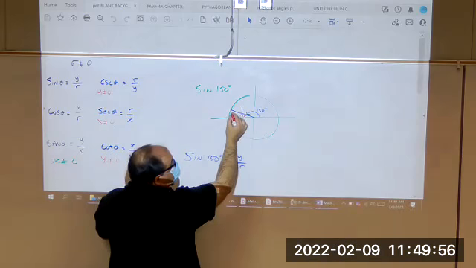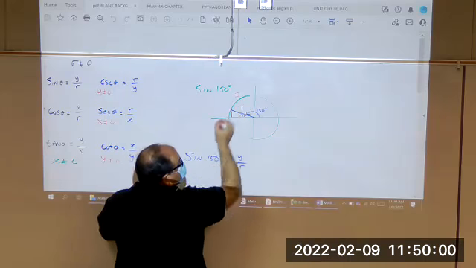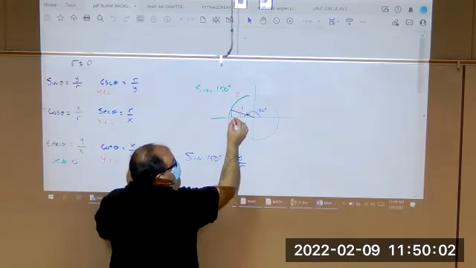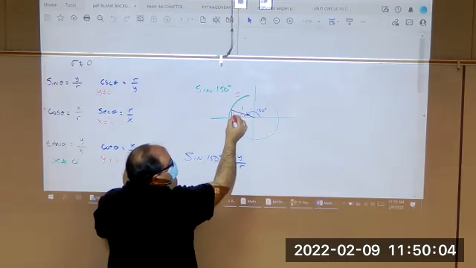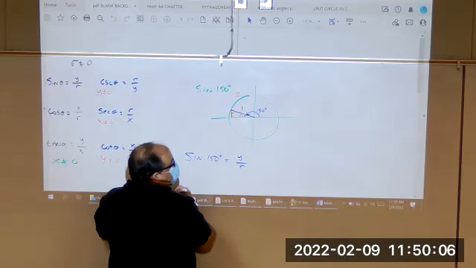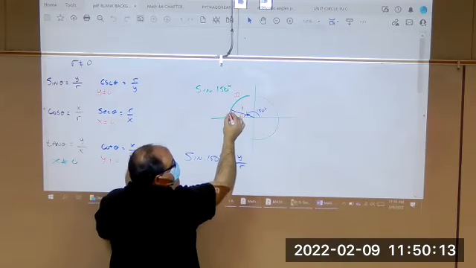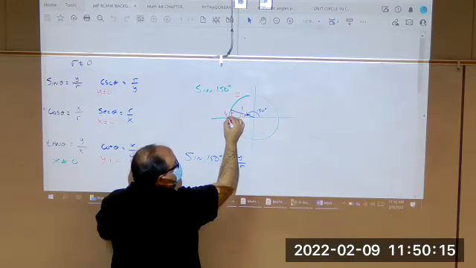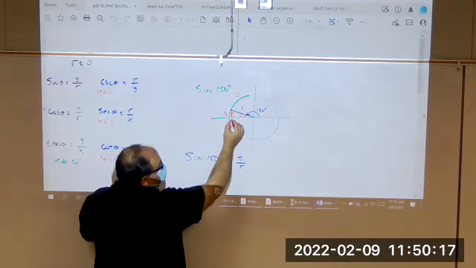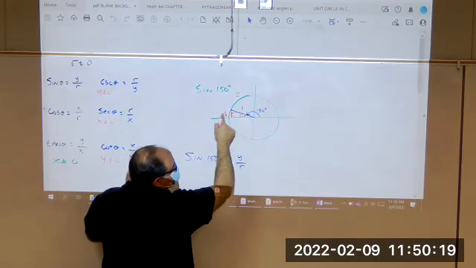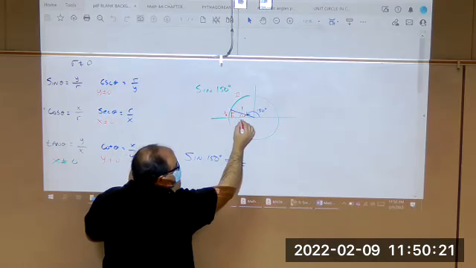Which means when you draw the right triangle in quadrant 2, there's your 30, 60, 90 right triangle. If the hypotenuse is 1, then over here the short leg is 1/2. And the long leg is square root 3 times the short leg. This long leg would be square root 3 over 2 as a length.